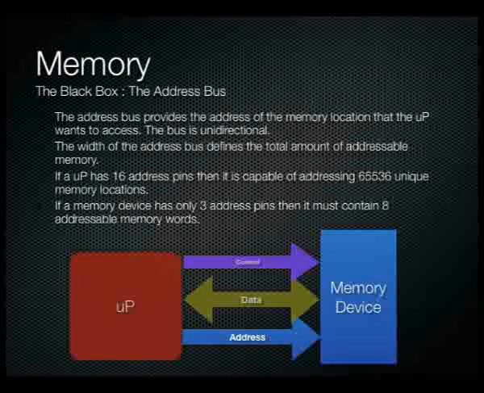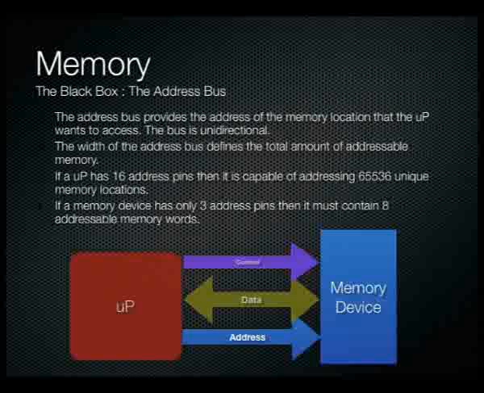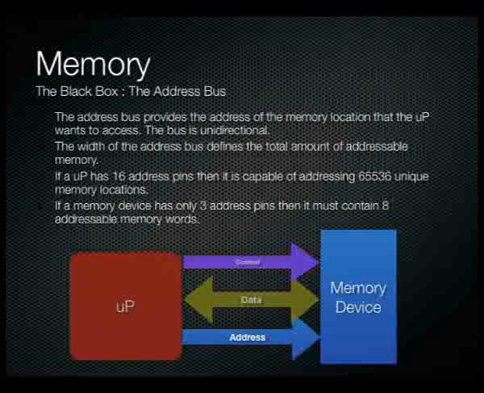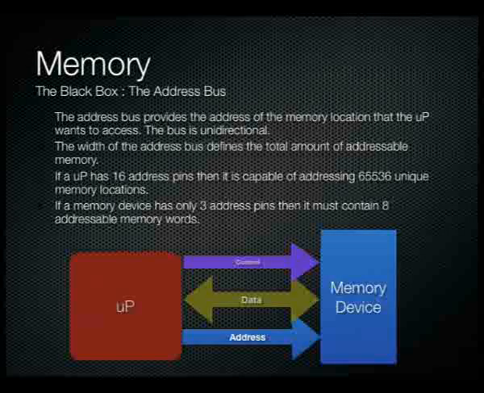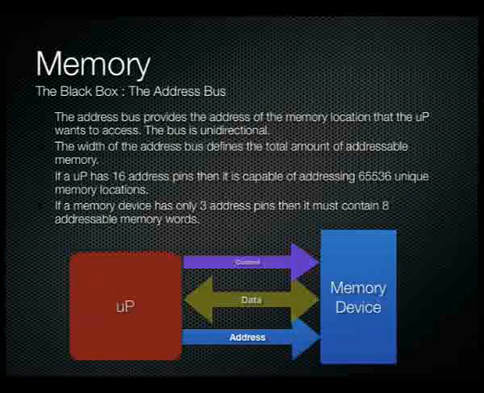As far as our microprocessor is concerned, we have 16 address pins on our HCS12 processor. These 16 address pins make it capable of seeing 65,536 unique memory locations, so we can see a total of 64K of memory space.